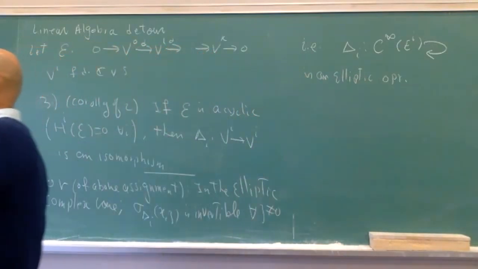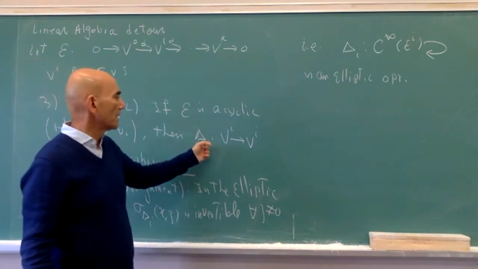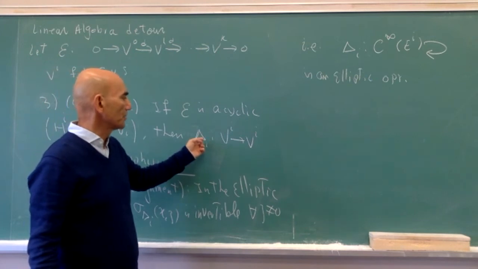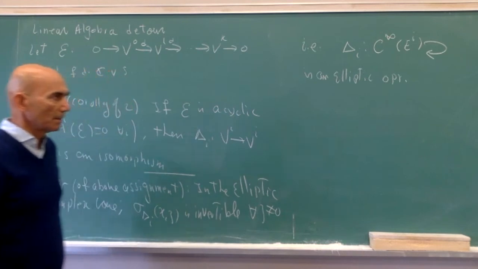So this detour had 2 purposes. First of all, to introduce basic ideas of Hodge theory, Hodge decomposition. And second of all, it also helped us to establish that this generalized Laplacian that we want is indeed an elliptic operator.